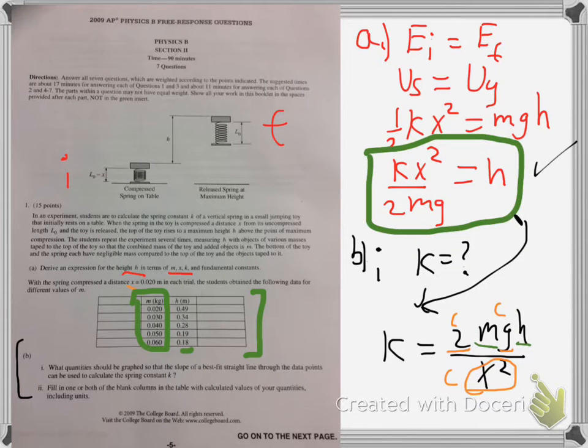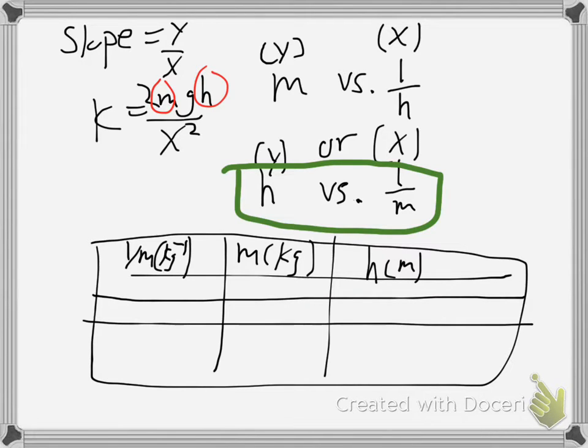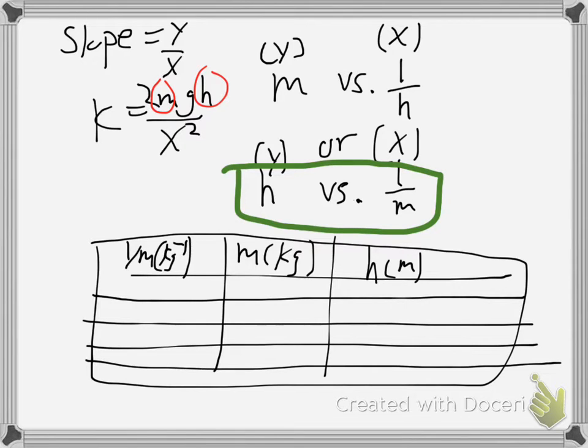For the first value, the mass was 0.02 and the height was 0.49. So just look back there. Let's see. The inverse, 1 over 0.02, gets us a nice even number of 50.